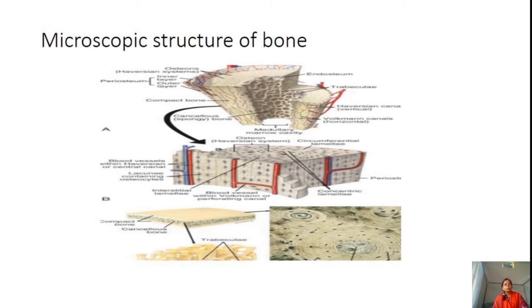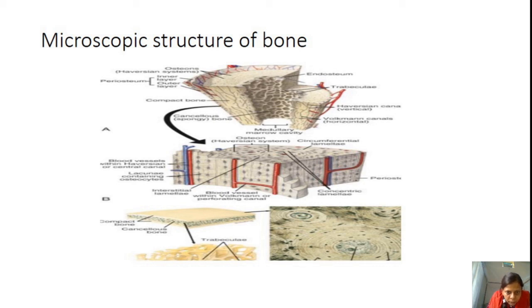Now come to the microscopic structure of the bone. When you take the transverse section of the bone, you find a concentric layered structure called Haversian structure. It consists of a central hollow cavity-like structure called Haversian canal, which contains artery, vein and neuron. Surrounding this you find concentric layers called lamella.